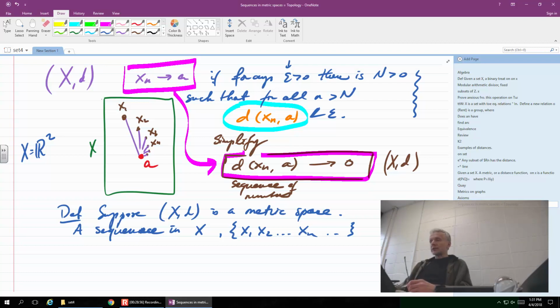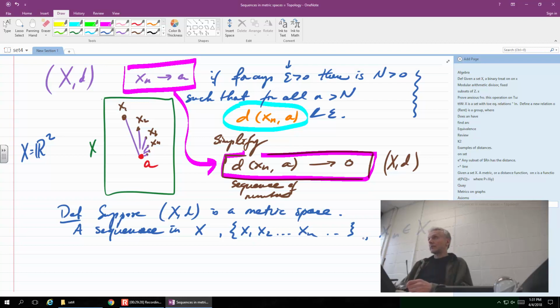It is a sequence of points. That's what I'm trying to say. So each of these belongs to X. Yes, but is a sequence a subset of X? It looks like a subset, right?